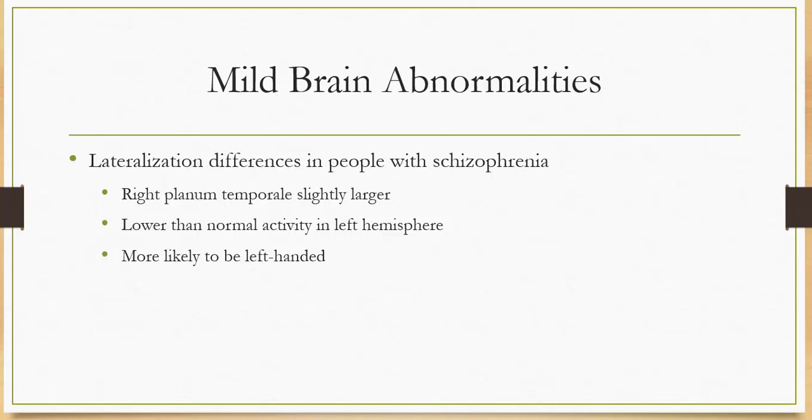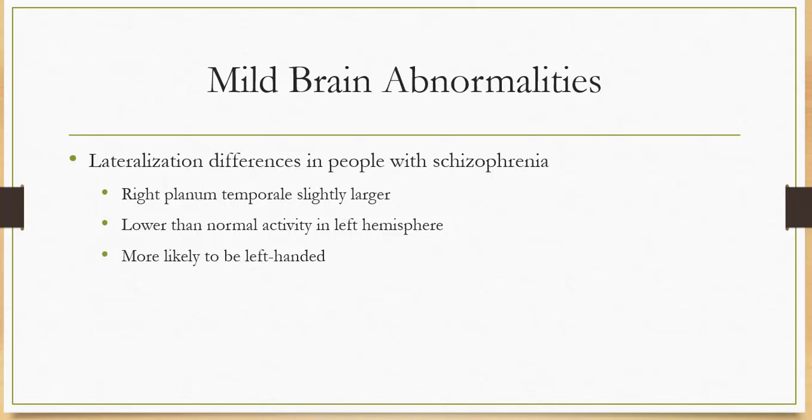We also know that the right hemisphere tends to be more negative emotions. So it's interesting that the area where there would be hearing voices is right there, the right planum temporale. So it kind of makes sense that that area would be larger.